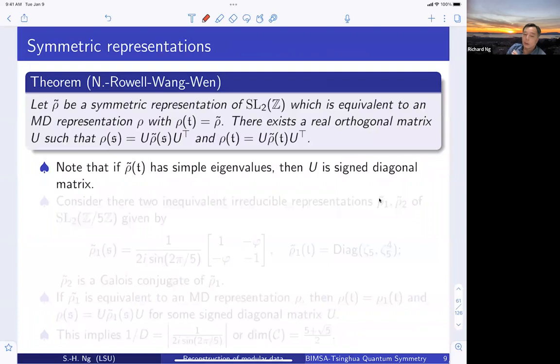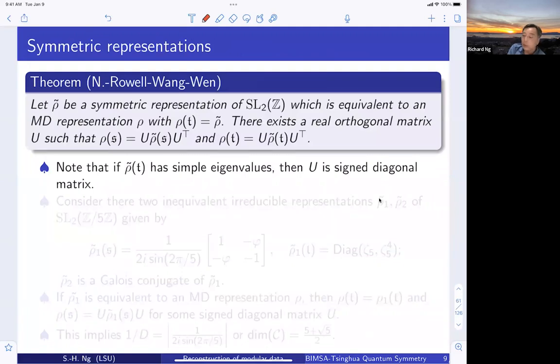Now suppose I have a symmetric representation of SL2Z, which is congruence. In this case, it doesn't matter. I just start with a symmetric representation. It may not even be a representation of a finite modular group. But if it's equivalent to an MD representation, then automatically it has to be congruence.